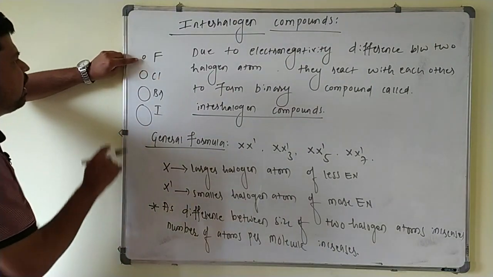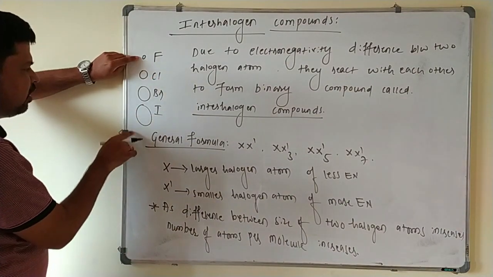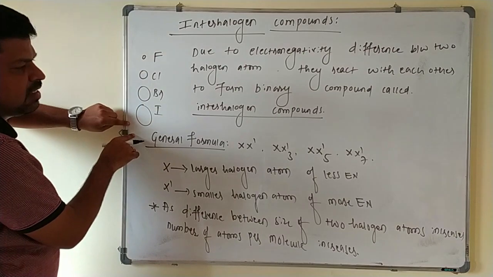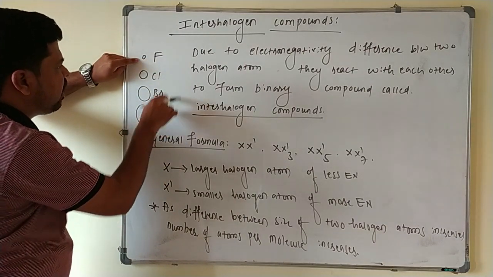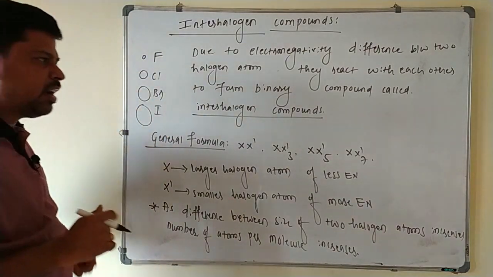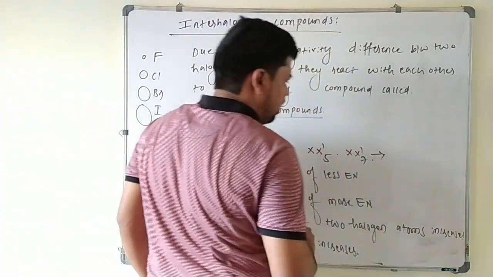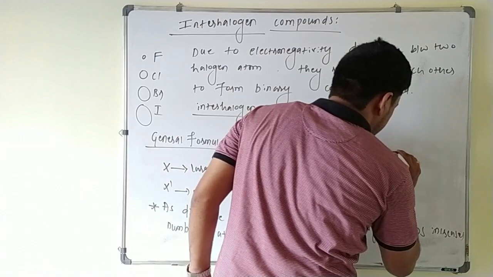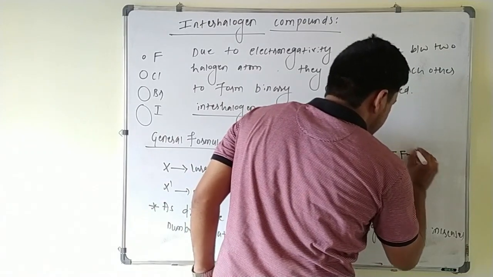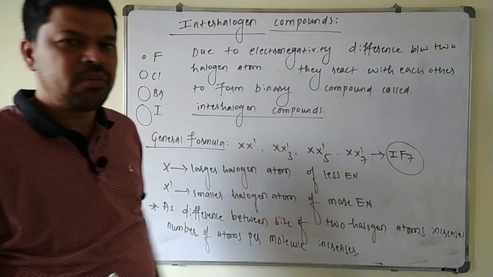For example, fluorine and iodine have a large difference in their size, so the reaction between iodine and fluorine gives more atoms. The AX7 type of interhalogen compound is formed by iodine and fluorine, IF7, which has more atoms.